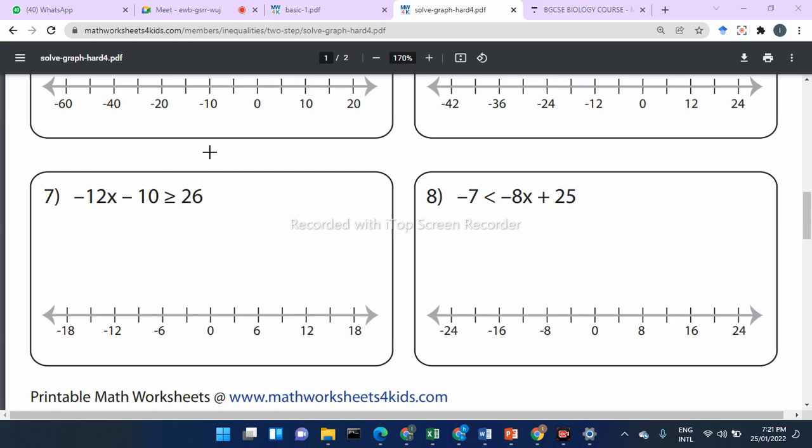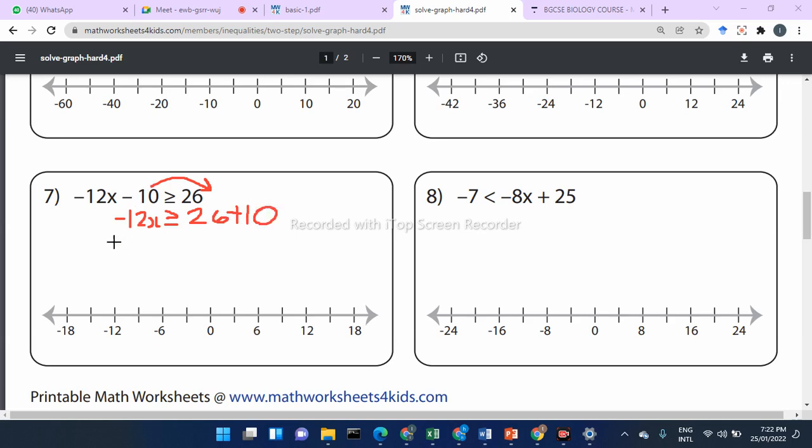So let's do it. We're going to send the negative 10 over. So it's going to be negative 12x is greater than or equal to 26 plus 10, because we changed the sign.